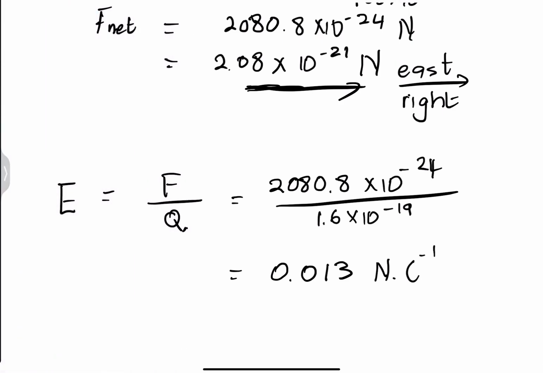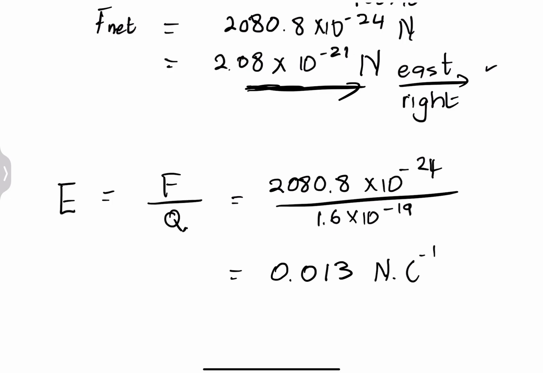Now, please remember, when we use electric field, our assumption is that we use a positive test charge, isn't it? So in that case, because we had put an electron, that's why the answer came out as east.